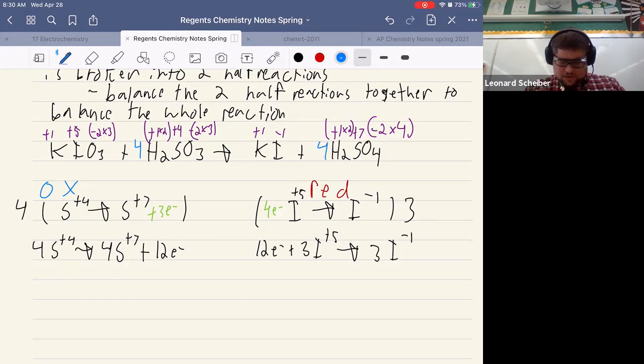And then we should have 3 I plus 5s, so a 3 there, and we should have a 3 there. And theoretically, that should be balanced. Let's check it out. 16 O's there, 12, uh-oh, that's not balanced.